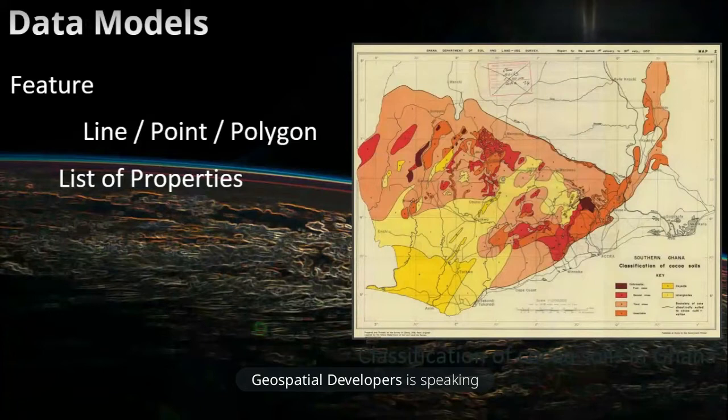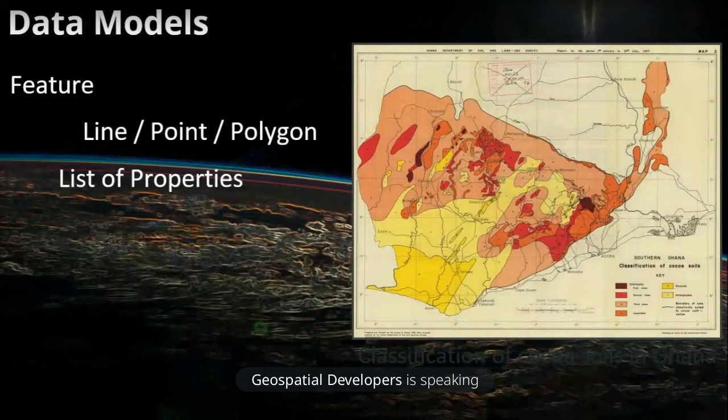Like any other GIS application, we have lines, points, and polygons. What you see here are vector data sets. I think I missed the point here. You can load your vector data sets here, and you can load either a line, a point, or a polygon.